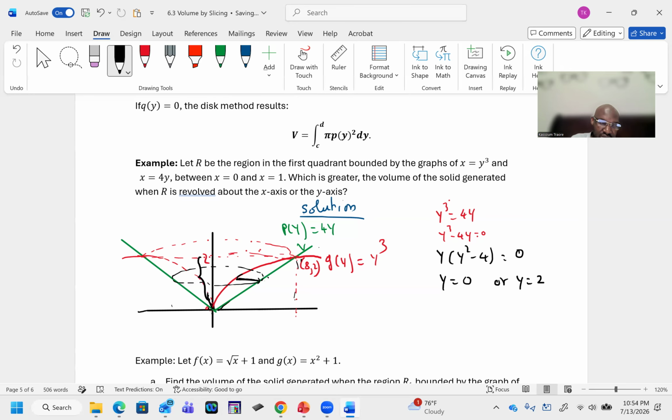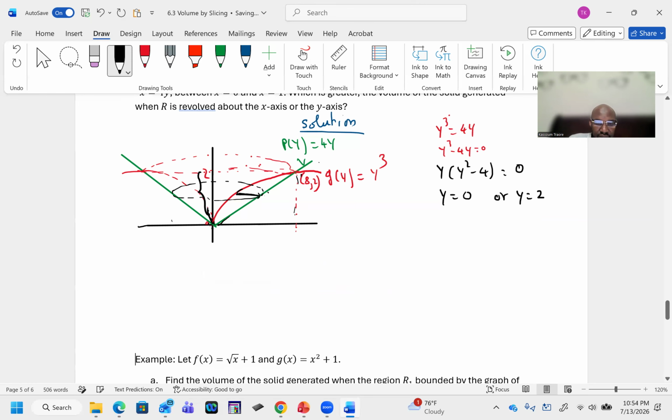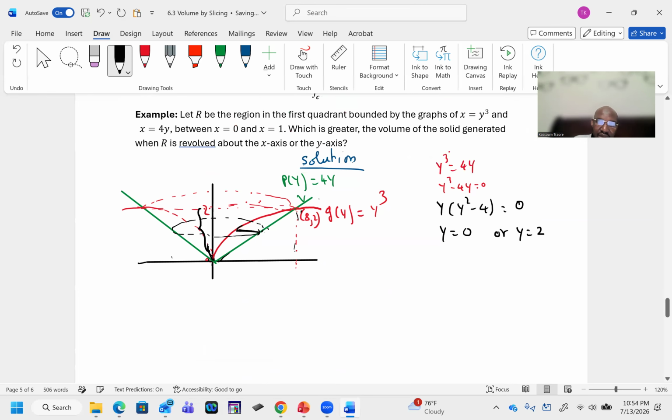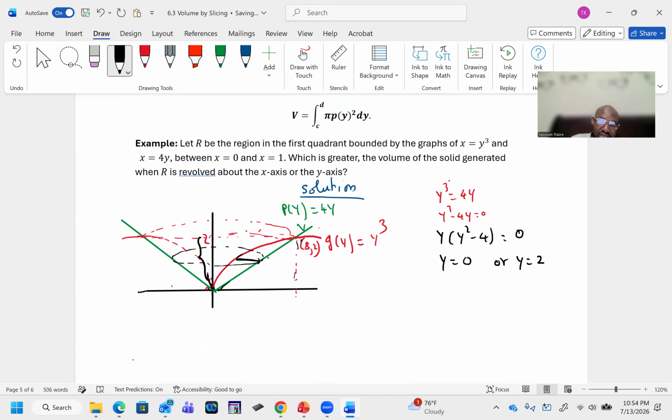And the inner radius, so basically by looking at the graph, you can see the outer radius is what? The green one, which is p(y). So the outer radius p(y) is equal to 4y.